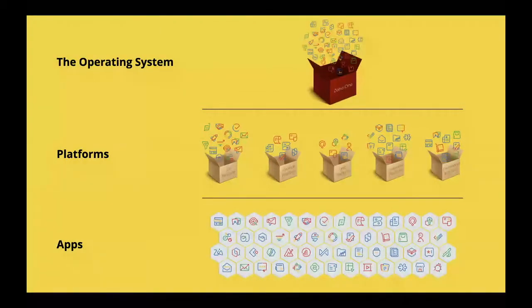The bundles are in the middle, the platforms. Things like Zoho Workplace or Finance Plus, we call these our platforms, and they're basically smaller bundles of selected applications. And then at the top, you can see we have Zoho One, and that is the operating system for business.